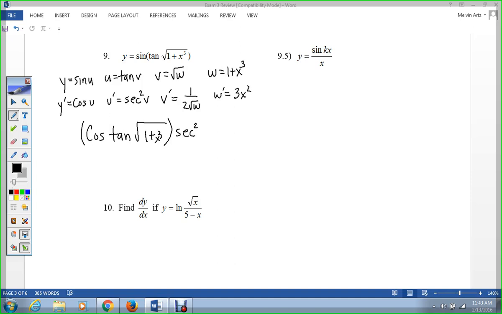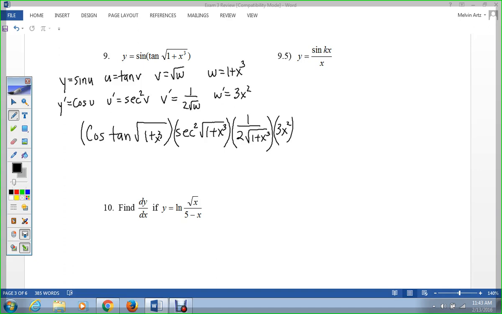Secant squared, now our u prime would be secant squared of v, but v is the square root of w, and w is 1 plus x cubed. And then we have times v prime, which is 1 all over 2 square roots of w, but we're going to replace w with 1 plus x cubed, and then times our w prime. And that is our derivative.